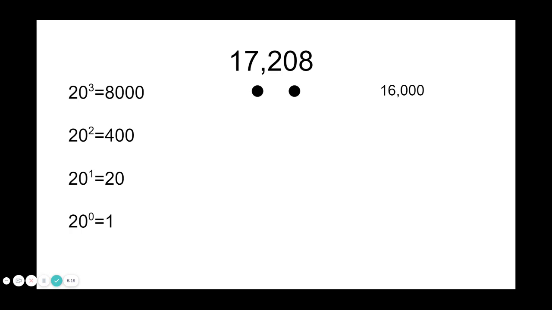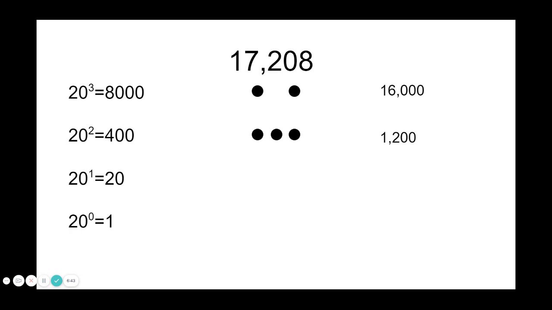And then from this 16,000 to get to 17,208, there's three 400s left because there's a 1,208 difference there. So we need three dots in this category. And that equals 1,200. So right now we're at 17,200.